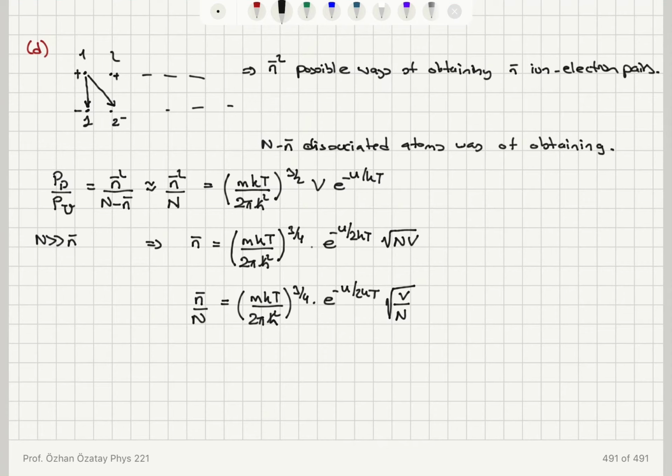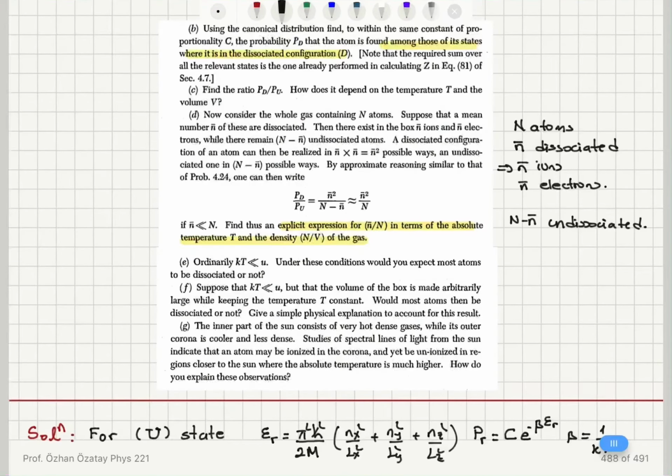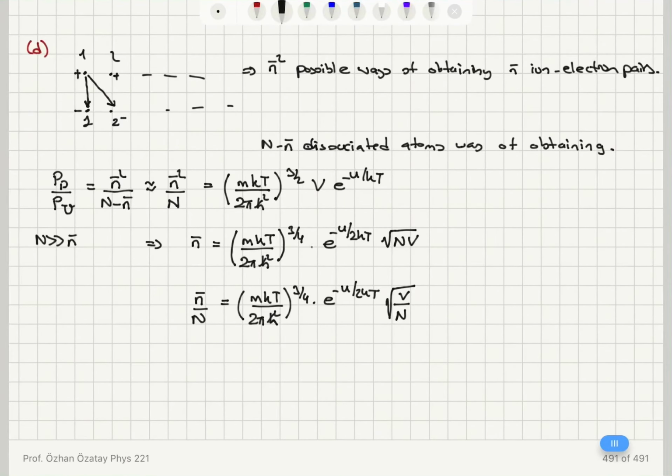When I multiply the bottom by capital N, I get square root V over N instead of square root NV. So that's basically the dependence on the ratio V over N, or actually the problem is asking me explicitly the dependence on N over V. So this would be then mkT divided by 2 pi h bar squared to the power 3/4, e to the minus u over 2kT, N over V to the power minus 1/2.